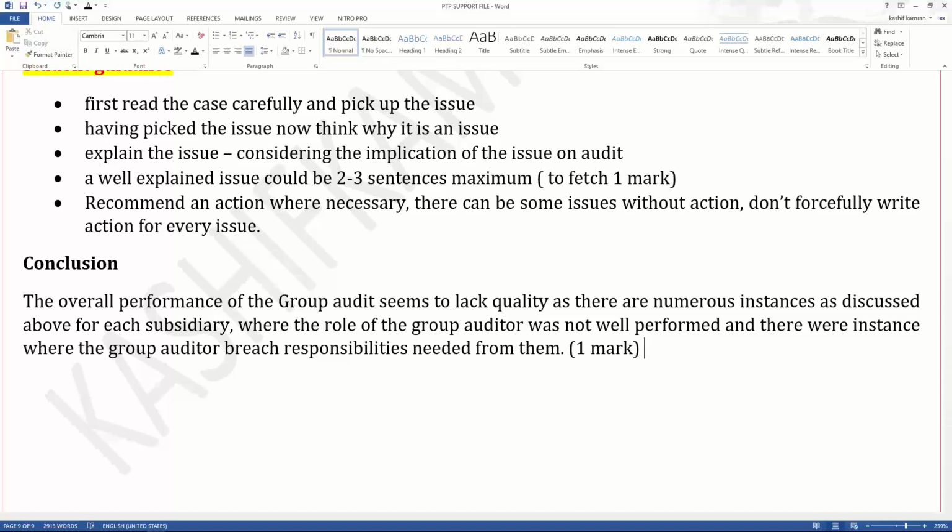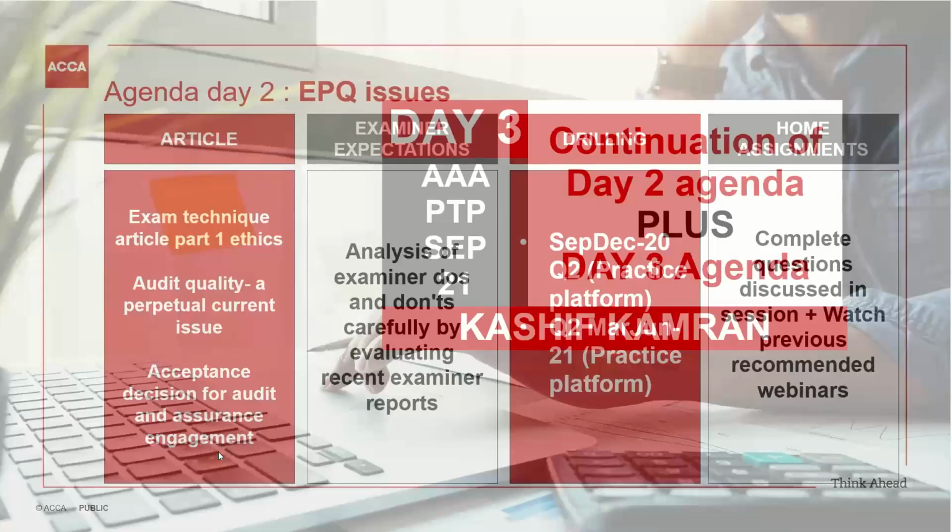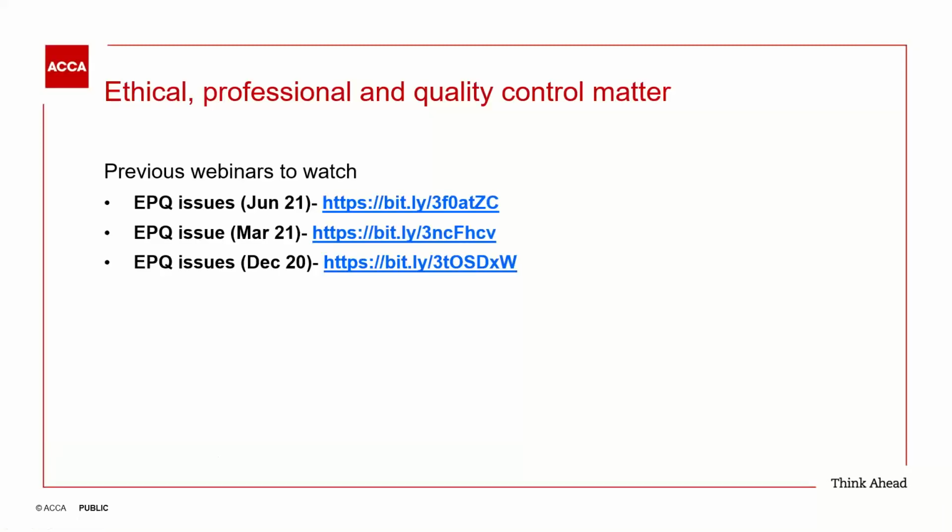You need to watch my previous webinars on ethical, professional, and quality control issues, which I recommended to you yesterday. I hope you watch these webinars at these hyperlinks, June 21, March 21, and December 20, because in each previous webinar, I have touched upon a different question. This time around, I'm more focused on doing the latest paper.